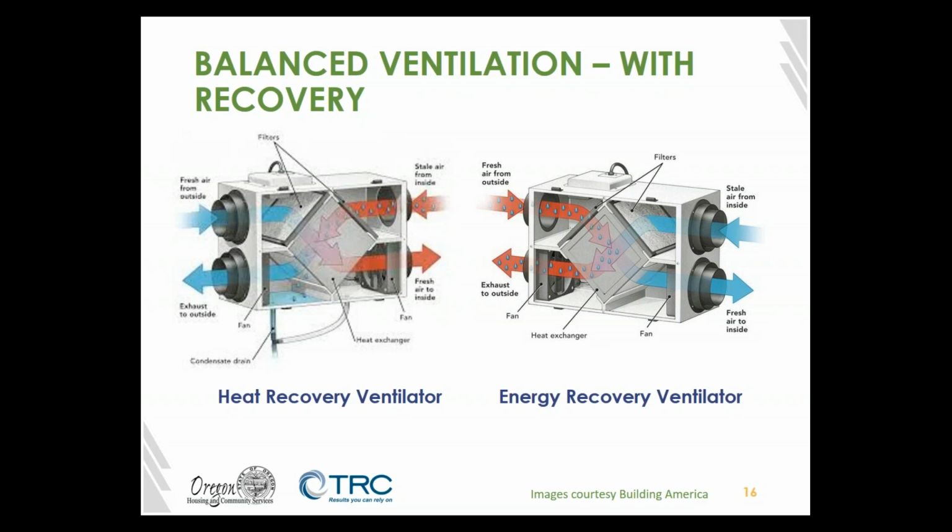Energy recovery does the exact same thing, but it also captures some of the moisture and therefore the heat embedded in the moisture of that indoor stream. So it pulls some of that out, and that moisture stays in the system and comes back in. And as we know, latent is the term for the heat embedded in moisture within air. That's the latent load. It maintains that latent load.